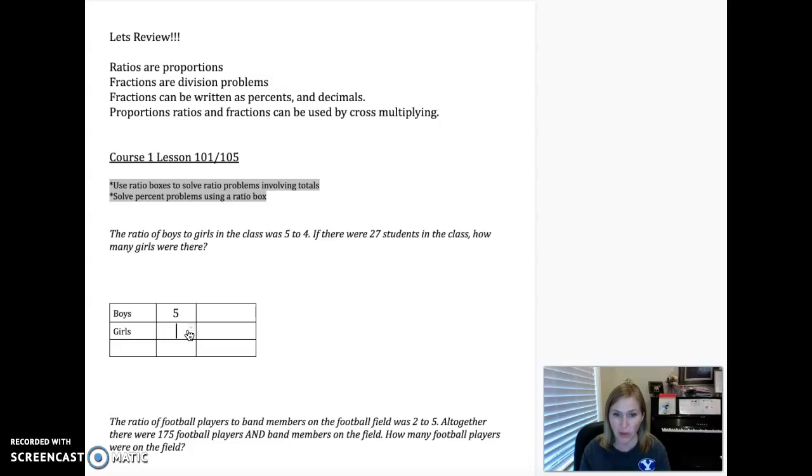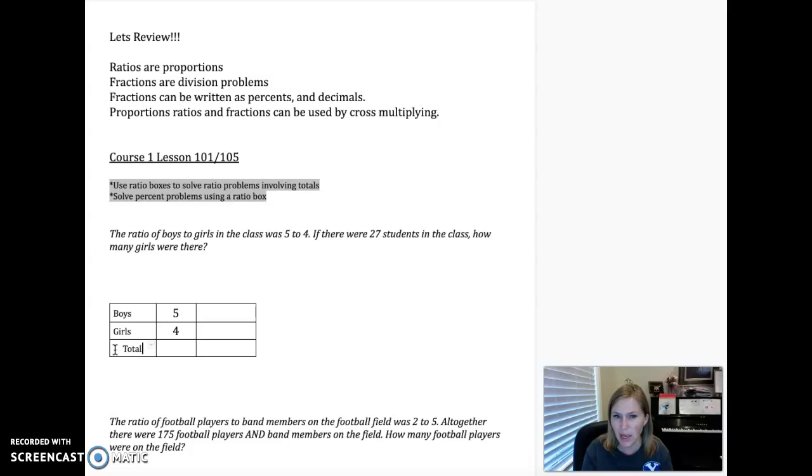So here's our girls, 4. Now, it gives us additional information on this one. It says if there were 27 students in the class, how many girls were there? So it gives us another piece of information. Now, this is interesting. If I was going to write that additional piece of information, I need to include it in its correct spot.